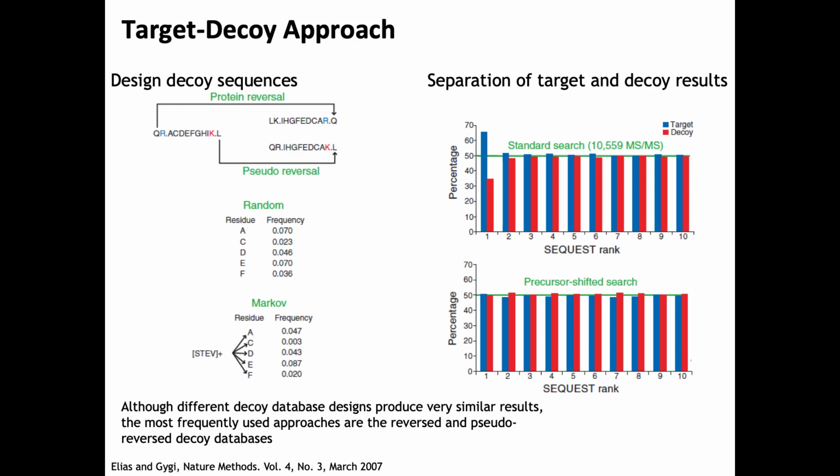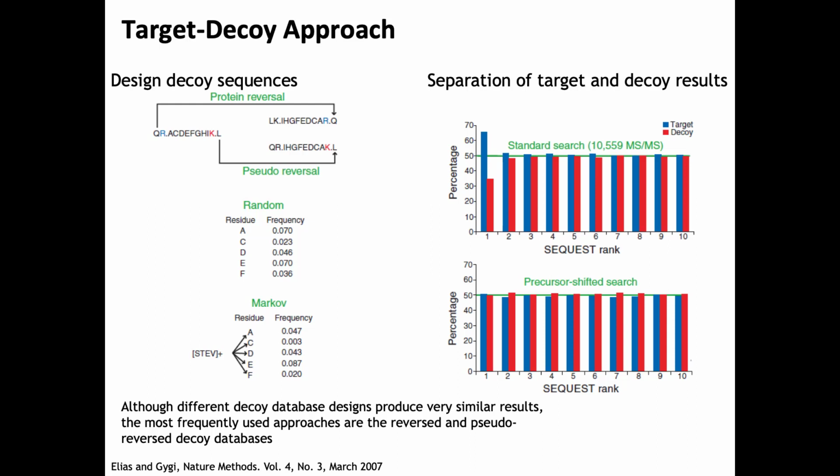Now, you can do a simple trick. You shift the precursor. Precursor shifted search. What does that mean? You just assume an incorrect mass. Now, your database search engine would go looking for candidates, but all of them should be wrong, because it's off by a couple of Dalton. It should not give any good candidate. If you do that, you see that on the top rank, you see as many targets as you see decoys.